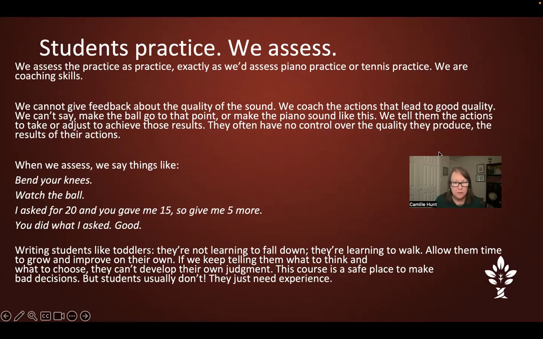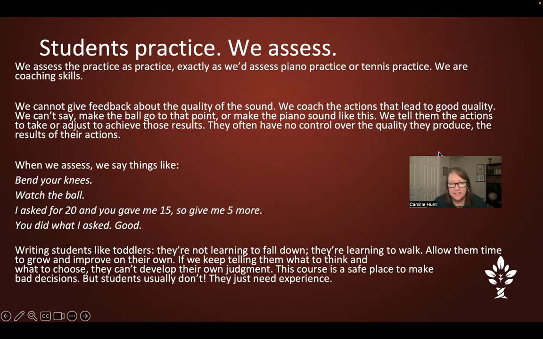I asked for 15, you gave me 20. I asked for 20, you gave me 15, so give me 5 more. And after that, you say, you did what I asked, good, finished. And that's how we assess writing. It would be kind of silly if, in a piano lesson, somebody said at the end of the 30-minute lesson, 87, see you next week.